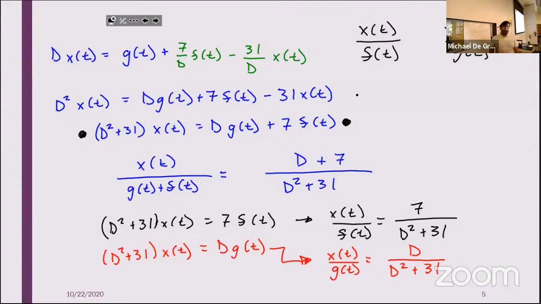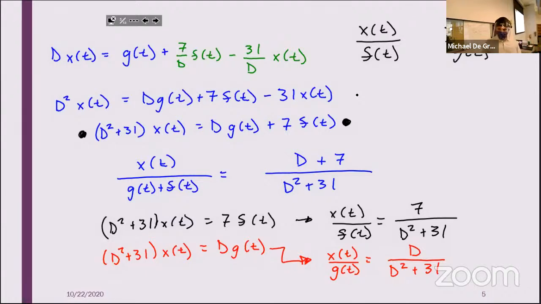So there's 3 ways that we can report the transfer function for this particular system. We can report it as a combination of both inputs, or as just a function of f or just a function of g.